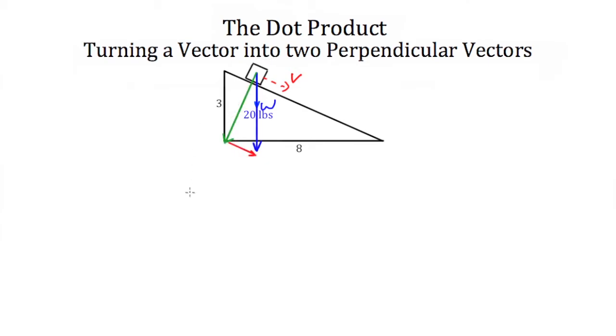So I want to find out how much of this W vector will make vector A and how much of it will make vector B, which is going in my V direction.